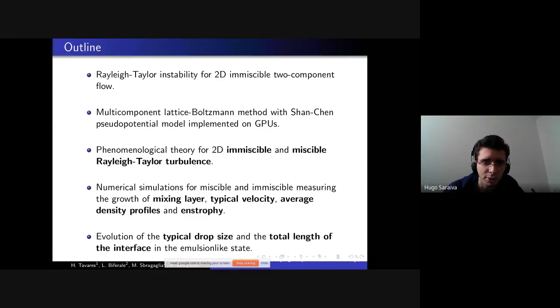We simulated this phenomenon using multi-component lattice Boltzmann models, because we want to test a series of phenomenological predictions, especially for the immiscible case. These predictions relate, in a first part, to the mixing layer, typical velocity, average density profiles, and entropy. We compare these predictions side by side with the miscible case. In addition, we show some statistics only related to the immiscible case: typical drop size and total length of the interface.